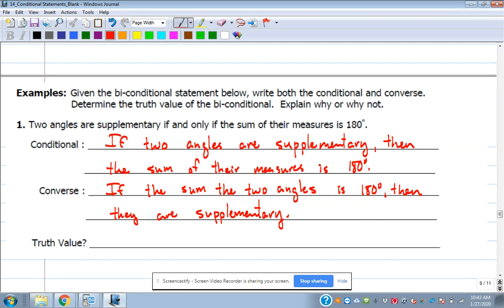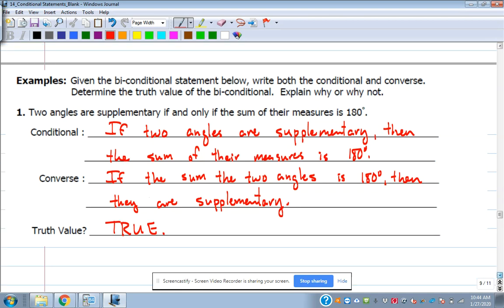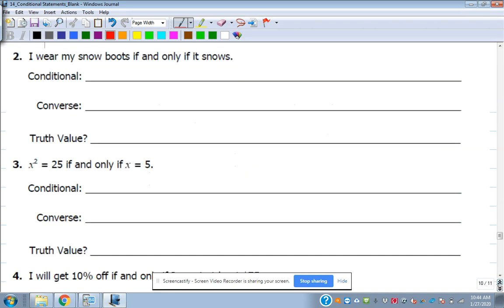Now, the rules: to be true as a biconditional statement, if and only if, two angles are supplementary if and only if the sum of the measures is 180. The conditional has to be true, and the converse has to be considered true. So, is the conditional true? Yes. Is the converse true? Yes. So that means that the biconditional statement is true. The conditional statement and the converse both have to be true for the biconditional statement to be true.